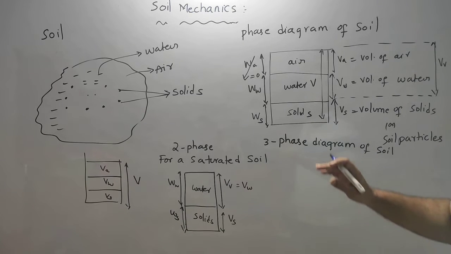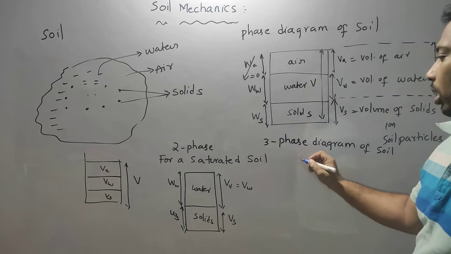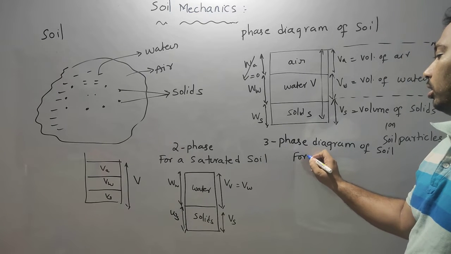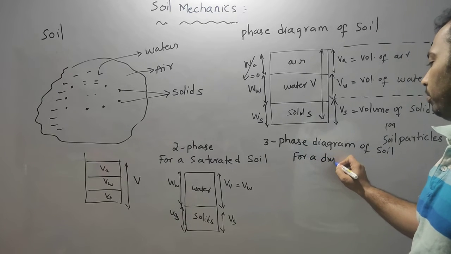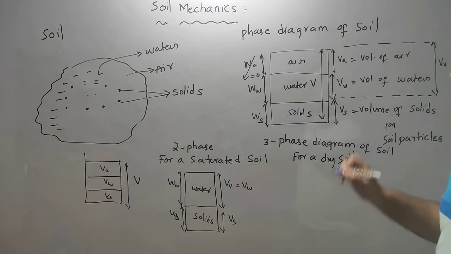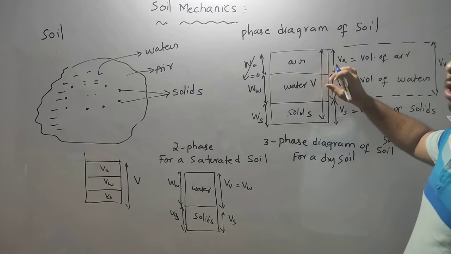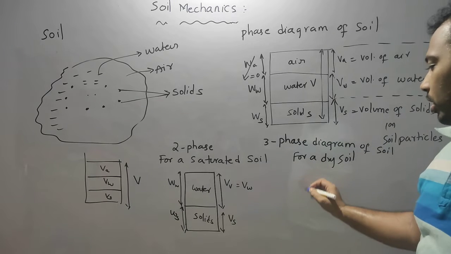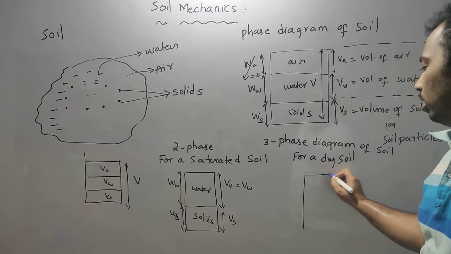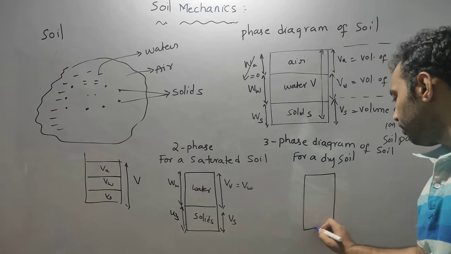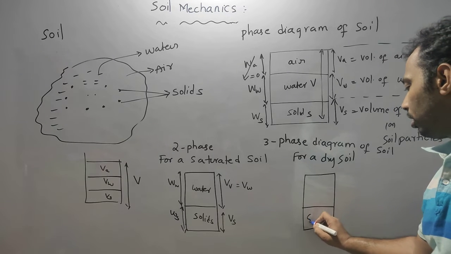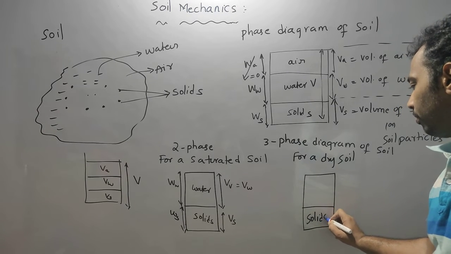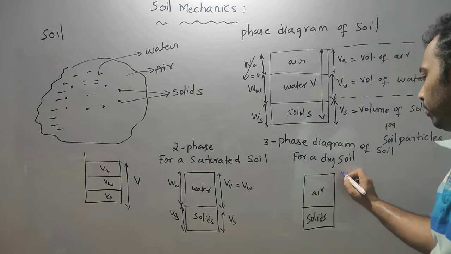Okay. So similarly, for a dry soil, dry soil means there won't be any water now. Now the same two-phase diagram, instead of water there will be air.